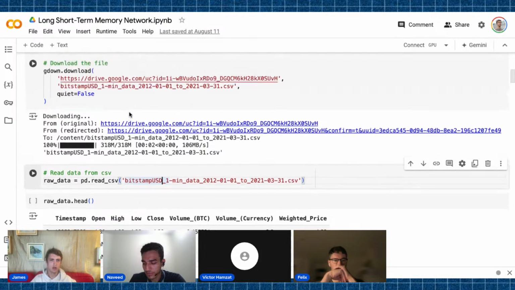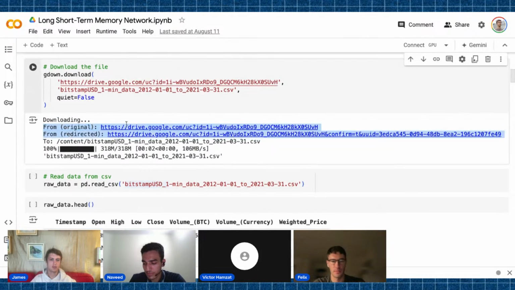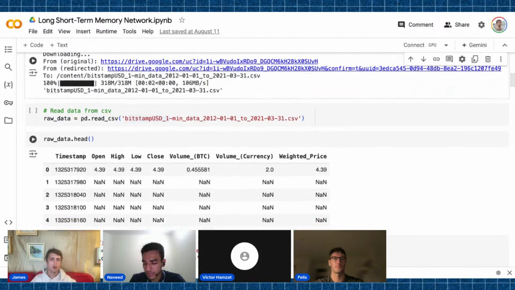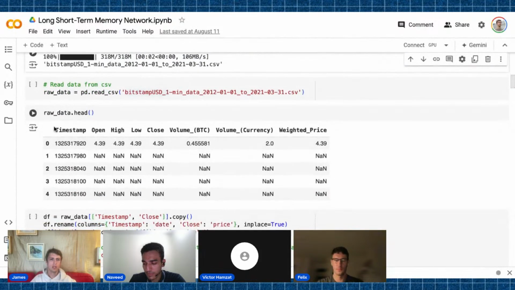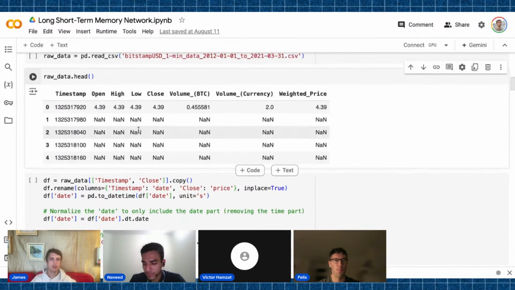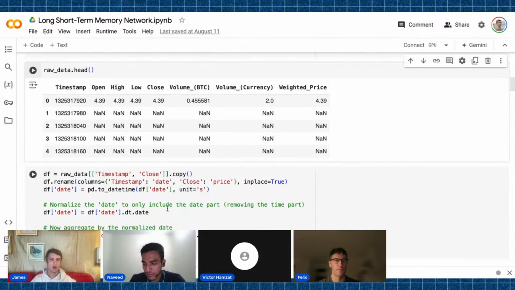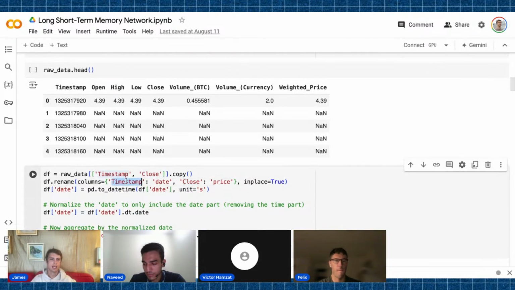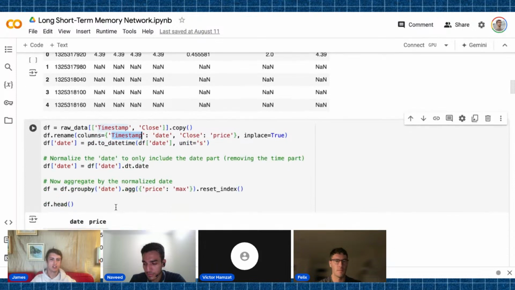I just downloaded it here from my Google Drive, and this is a public file, so you can run this notebook as well, and it should work. Looking at the data, there were a lot of missing rows, which is annoying. So I just took out the closing price and the timestamp, and I just took one per day.